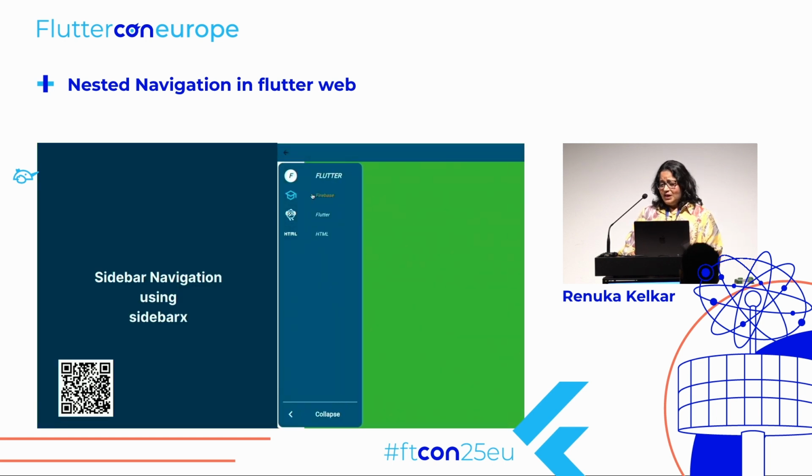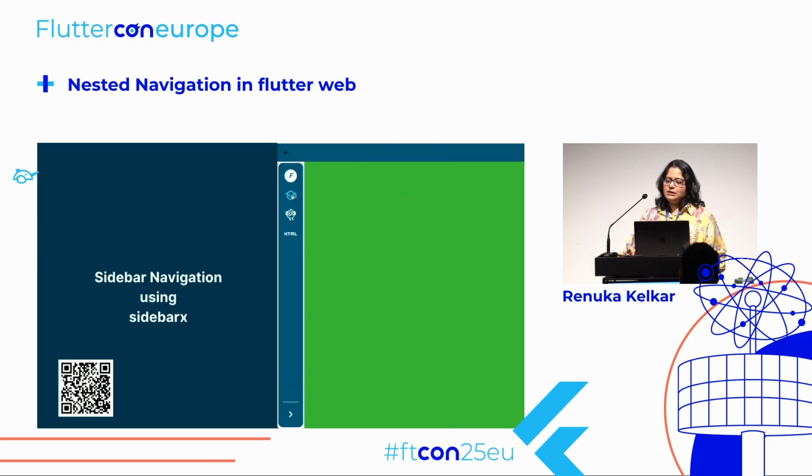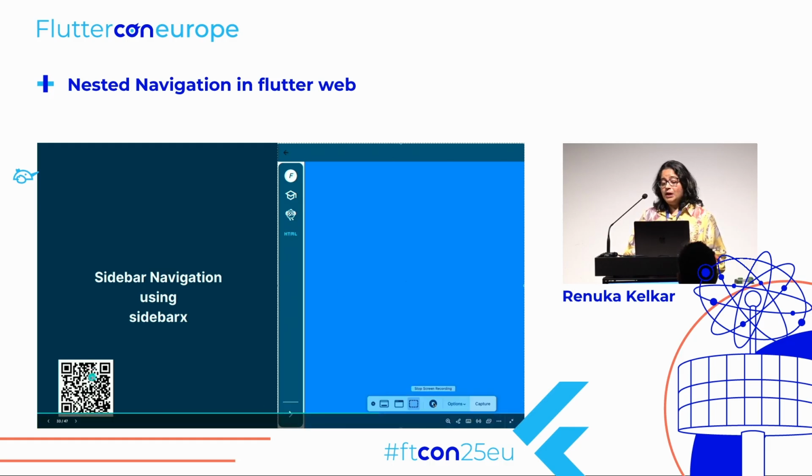I have tried third party packages as well, like Sidebar X. It's a good package to create a good kind of sidebar in Flutter web navigation. And I have created this GitHub QR code as well. If anybody wants to know how to do this, you can scan the QR code.